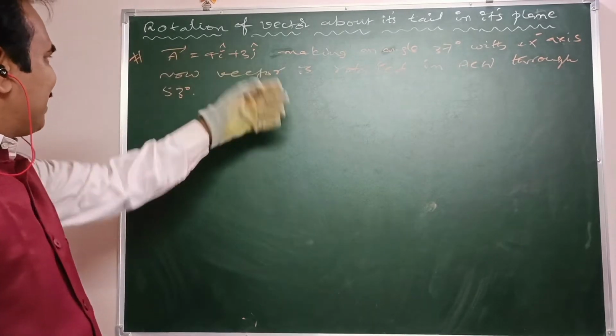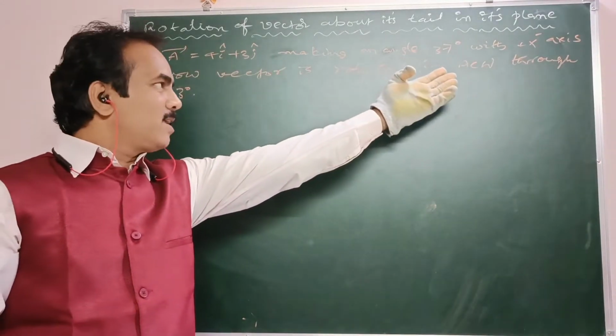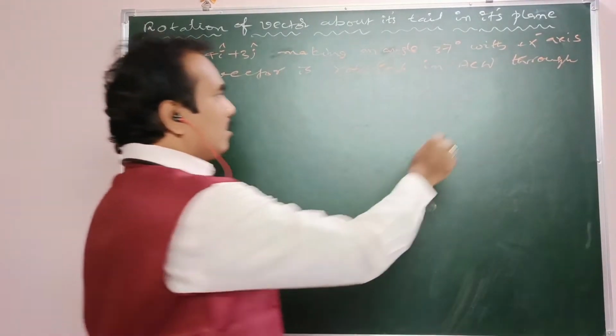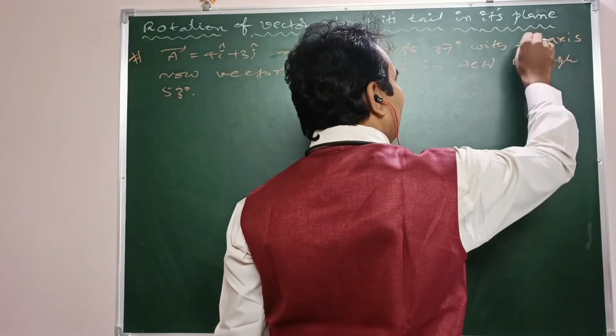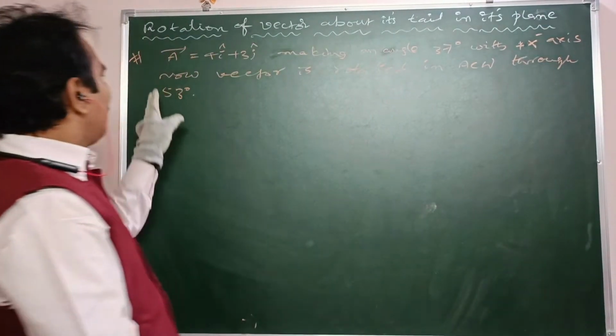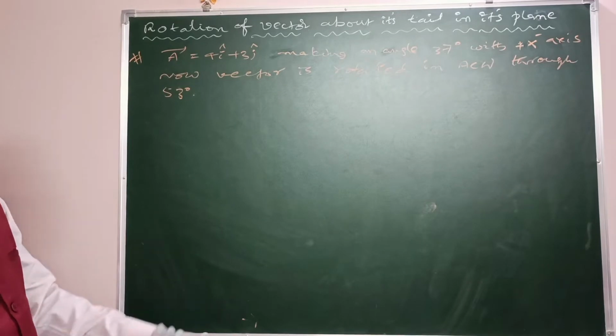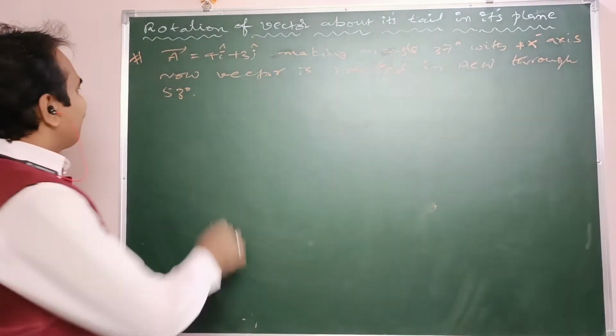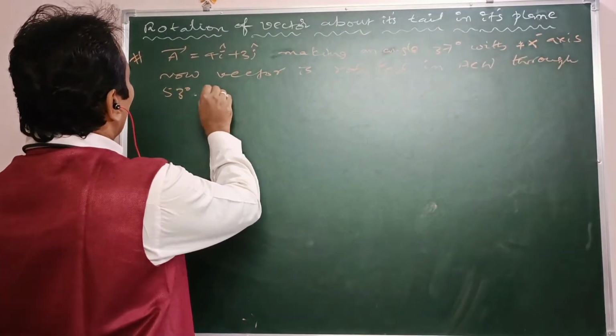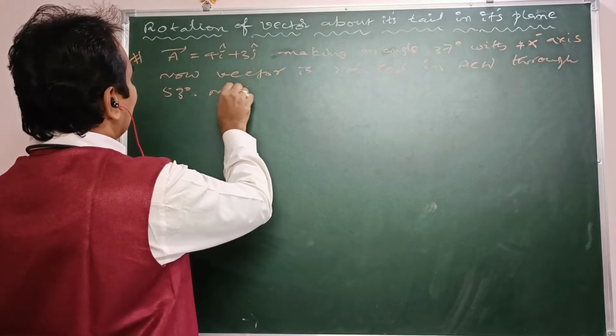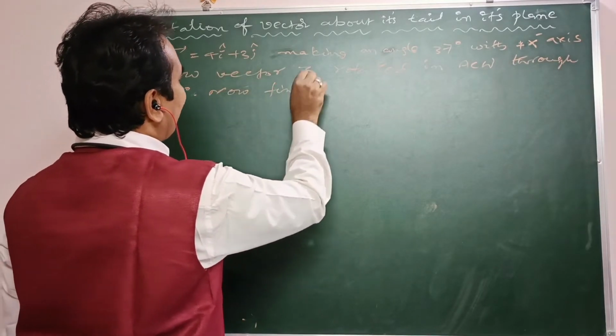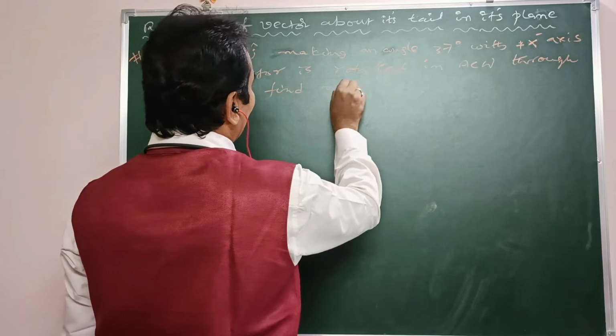A bar equal to 4i plus 3j, making an angle 37 degrees with positive x-axis. Now the vector is rotated in anti-clockwise sense through 53 degrees. Now find the new vector.